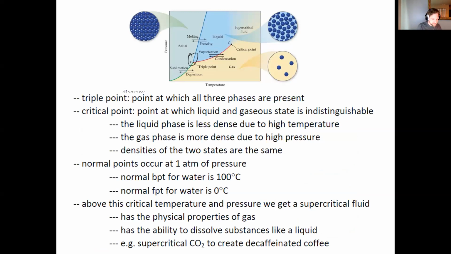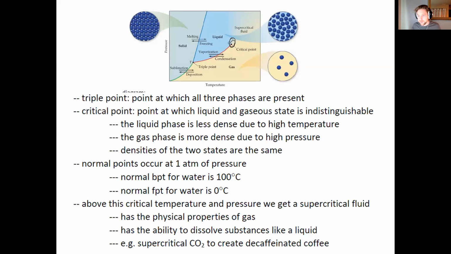There is this critical point where the phases start blending together. So point C on this graph in particular is where at high enough temperatures and pressures, the phases between liquid and gas kind of blend together. So you get this gas that can dissolve substances really well.